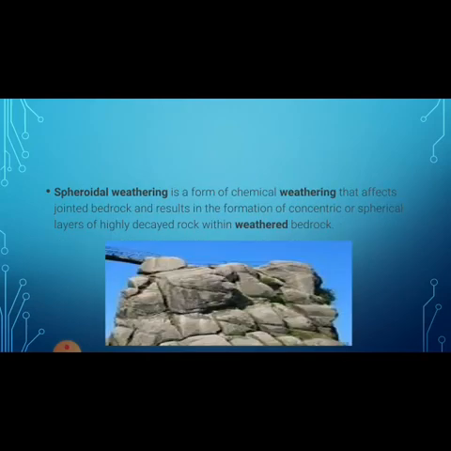And the next type of weathering is spheroidal weathering. Here both physical weathering and chemical weathering take place. That is, due to physical weathering, the rocks may get divided into blocks, and sometimes chemical weathering may occur along the borders, making them blunt, thus forming spheroids.